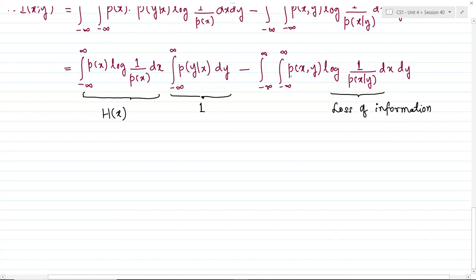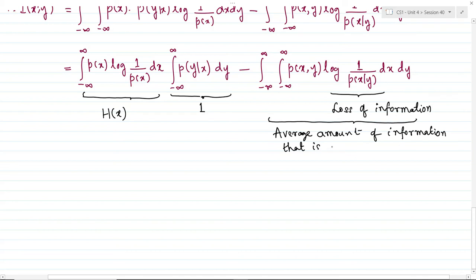And the product p of x comma y, averaged over all values of x and y, so this complete term is nothing but the average amount of information that is lost due to noise.